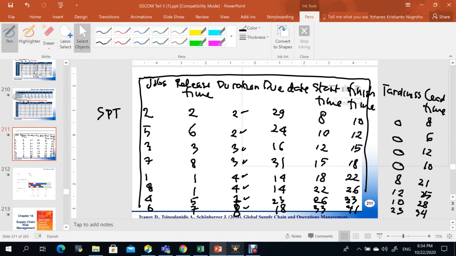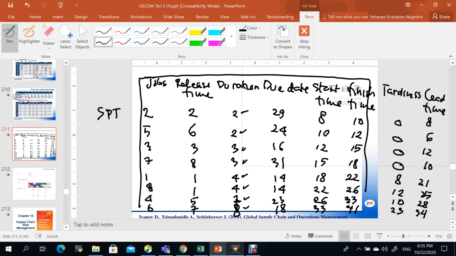It comes from 2 plus start time 8, and then the start time for job number 5, that is the second job to be processed, is equal to the finish time of job number 2, right?